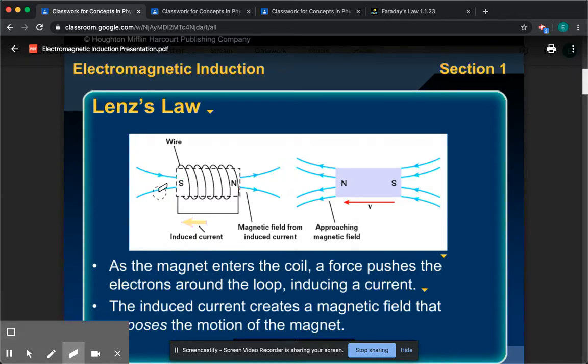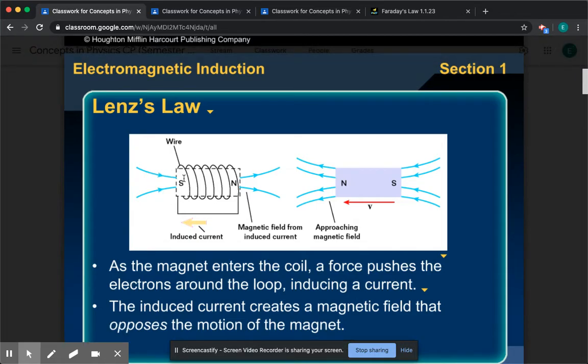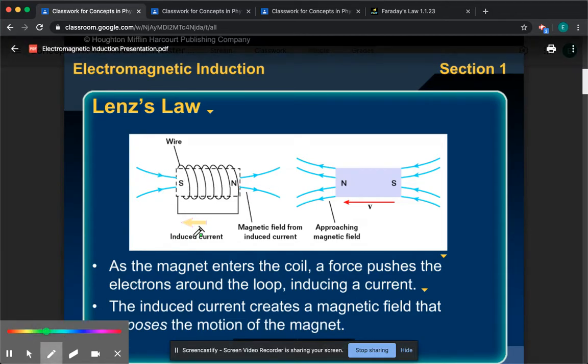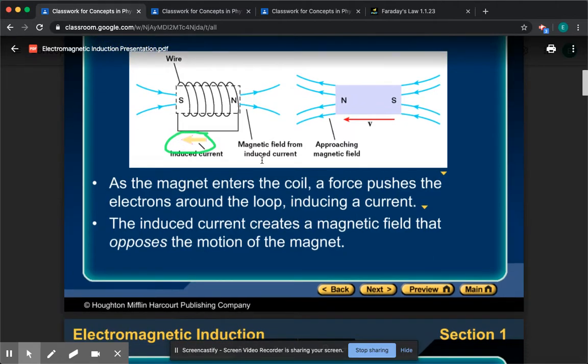And because those arrows are going to the right, as you pass the magnet through the wire, so this time we're not moving the wire, we're moving the magnet, notice the flow of the current is to the left. It is opposite of the arrows of the field lines, okay? It is always going to travel opposite of the magnetic field lines.